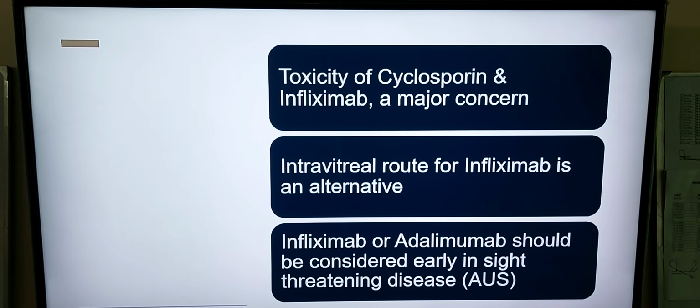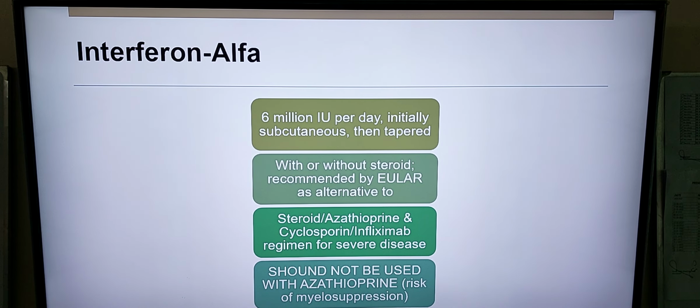So right now for severe disease and severe posterior segment disease, we have discussed two major combinations, steroid and azathioprine, and cyclosporin along with infliximab regime for severe disease. Now, they have very serious complications.